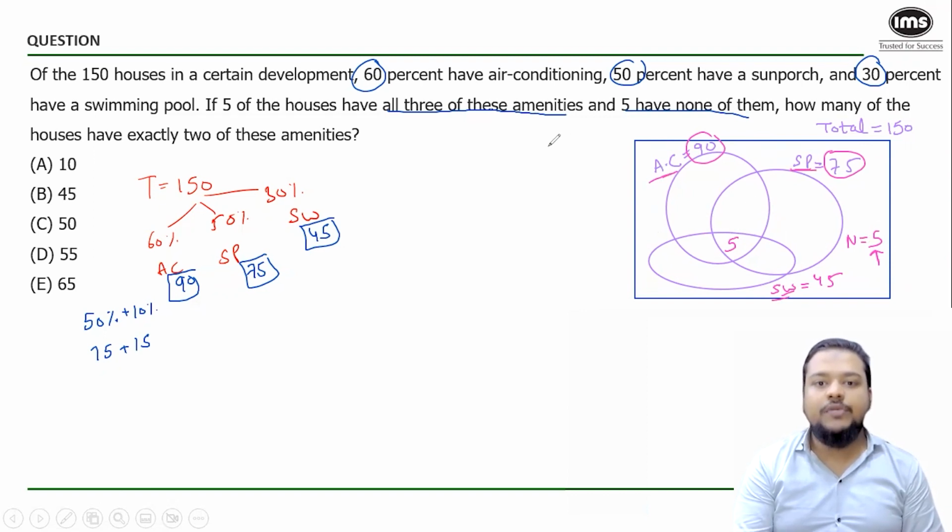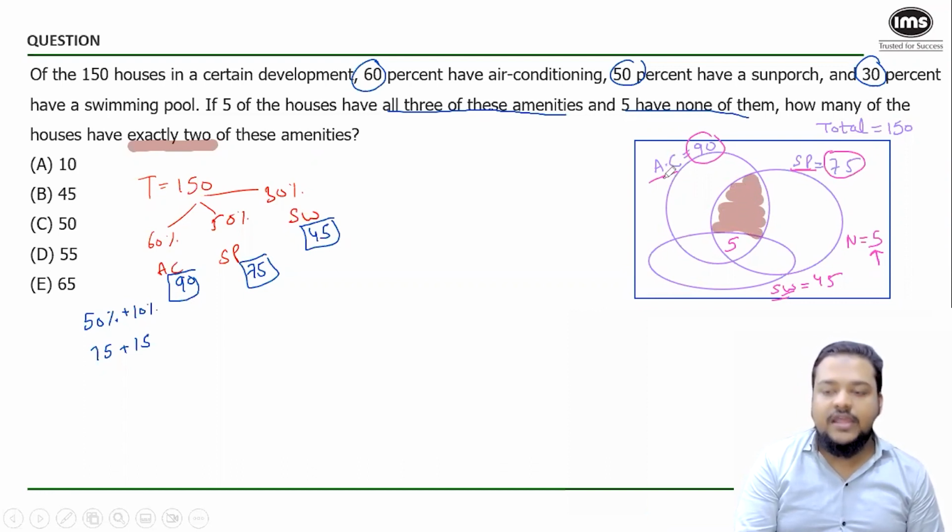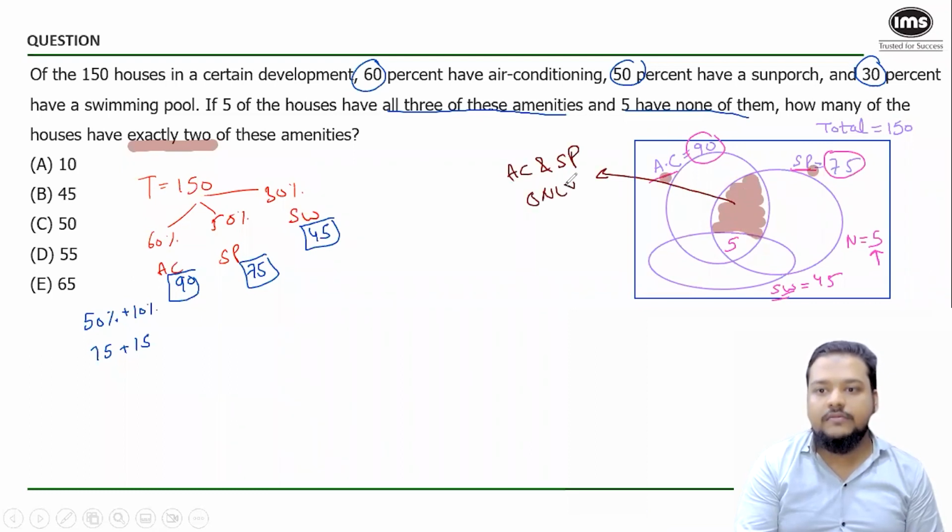Now the question is asking how many of the houses have exactly two of these elements. First we need to understand how to represent exactly two. Can you shade the portion where the houses have exactly two amenities? Observe with me. The houses lying in this portion have air conditioning and sun porch only.